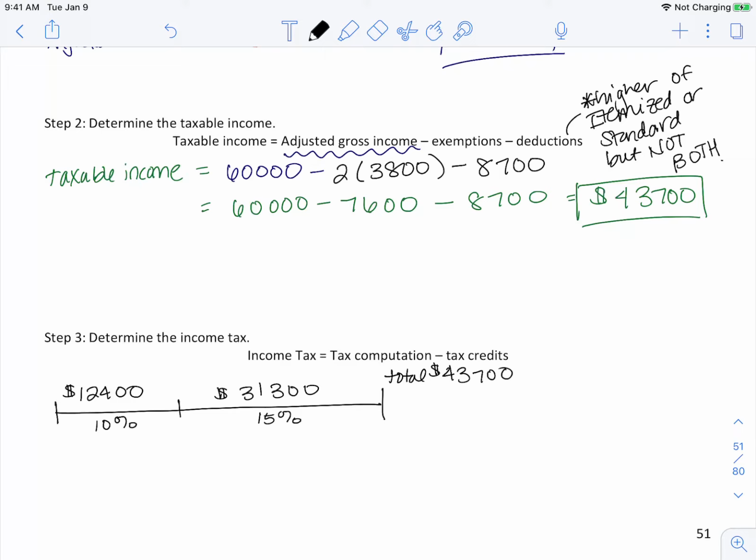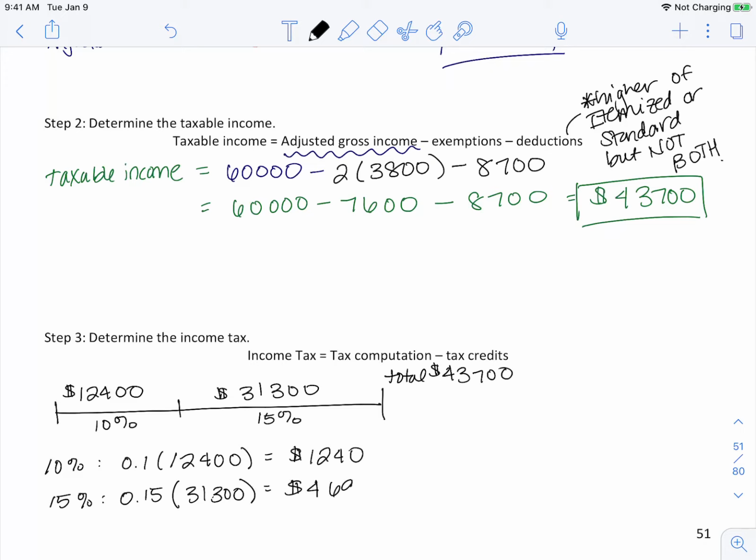Okay, so this is how we find the tax computation. I'm going to do 10%, so 0.1 times 12,400, and that gives us $1,240. Then we do the 15%, so 0.15 times 31,300, and that gives us 4,695.